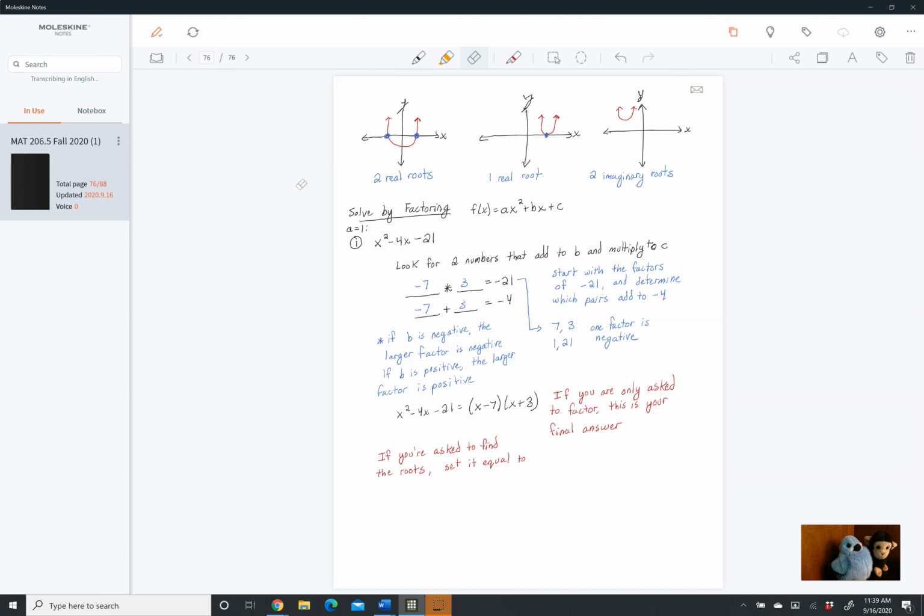The x-intercepts are when y equals 0. That's why you're setting it equal to 0. Remember, this is like y equals x squared minus 4x minus 21. So you set it equal to 0 and solve for x.